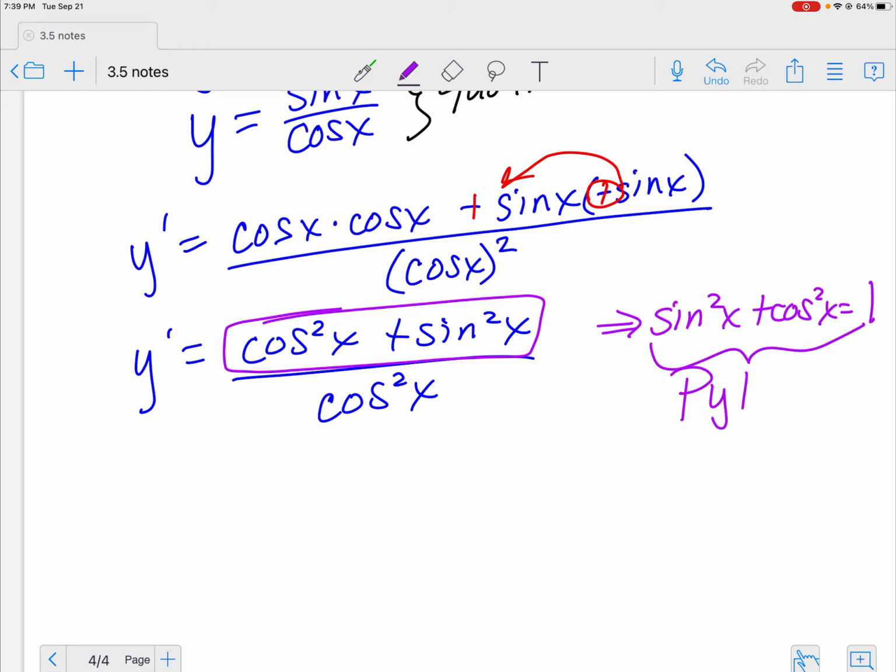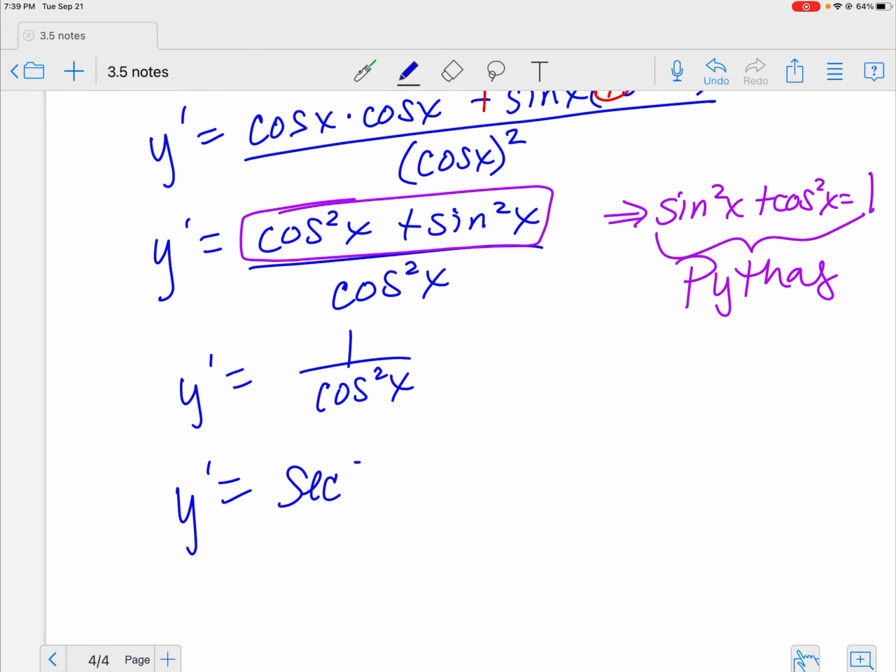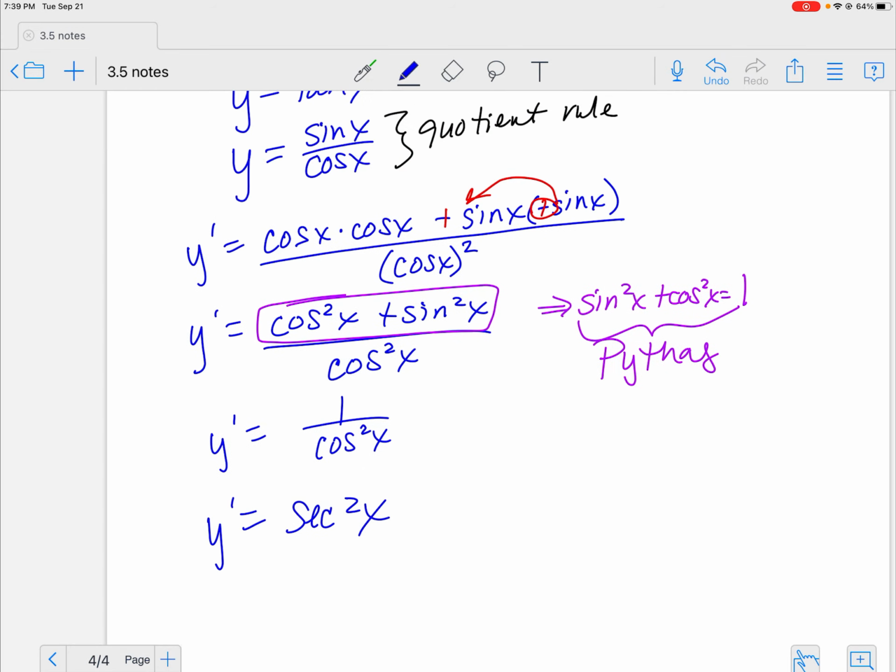If we use this Pythagorean identity, then I can replace sine squared plus cosine squared with a 1. 1 over cosine squared. And what's the reciprocal identity of cosine? Yes, it is. Secant squared x.